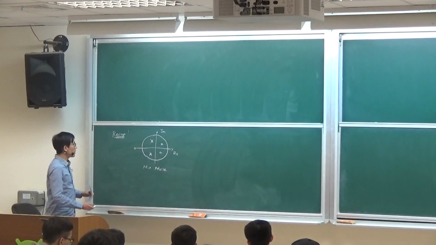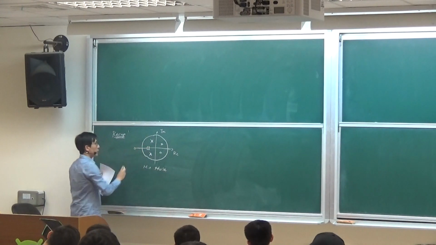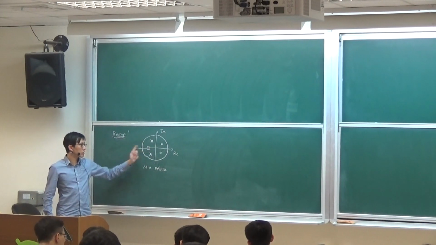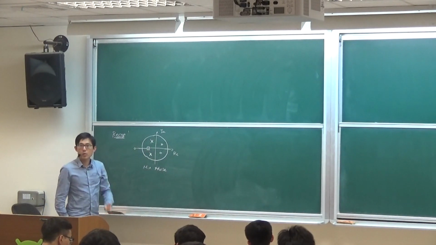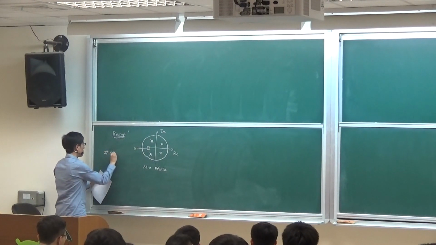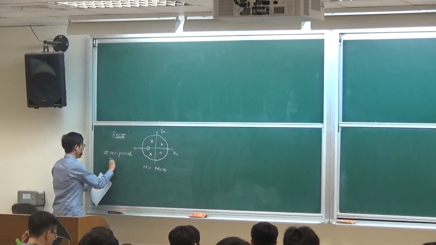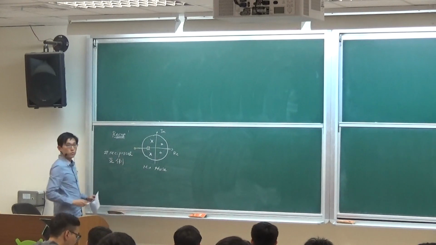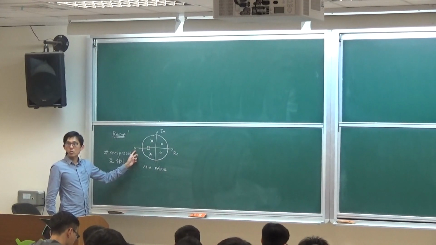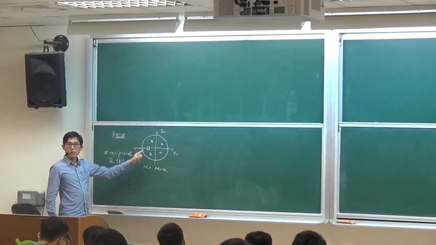So what we can do instead is to find a virtual location right here, so that the distances to the origin are reciprocal. So if a system has a zero outside, then what we can do is to find the reciprocal location inside the unit circle and do something there.